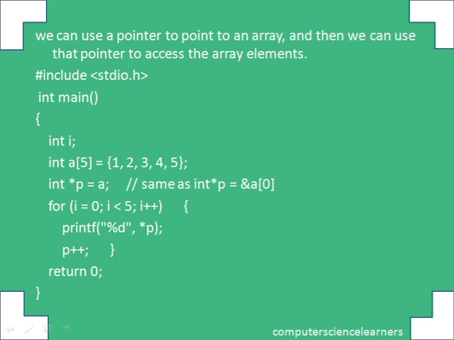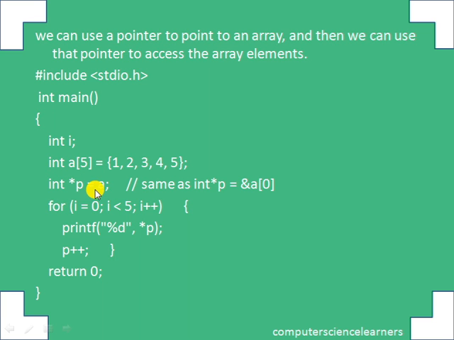Normally a pointer variable is used to store the address of another variable. So generally you can write int asterisk P equal to ampersand A or ampersand X like that. But here it is asterisk P equal to A. See, here what is A? A is the base address of the array. In the case of arrays, if you write the array name, that array name refers to the base address of that array.